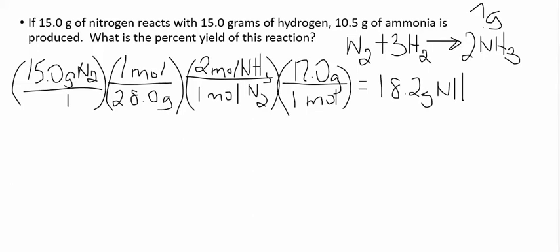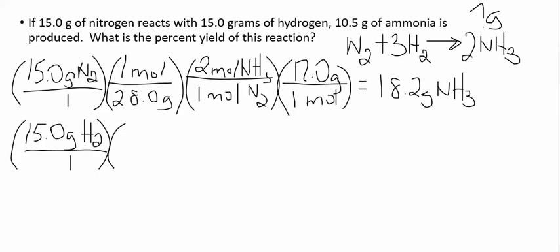of NH3. Okay, but I also have 15 grams of hydrogen, so I need to start with the 15 grams of H2 and do a very similar problem. We're going to take grams, go back to moles. Hydrogen is just 2 grams per mole.